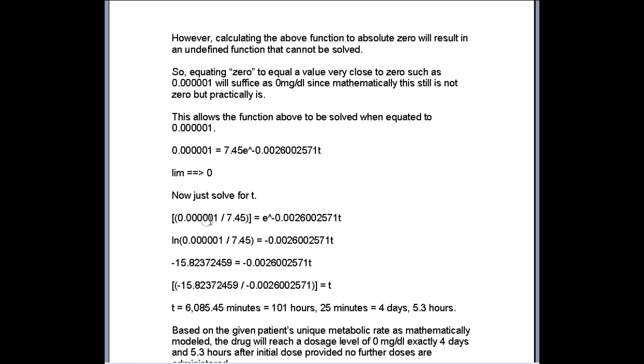Now it's all about just solving it like we did previously, then getting rid of the exponential by multiplying the log times both sides. So you're left with this algebraic expression to solve, and when you divide these out right here, you get 6,085.5 minutes, or 101 hours 25 minutes, 4 days 5.3 hours.